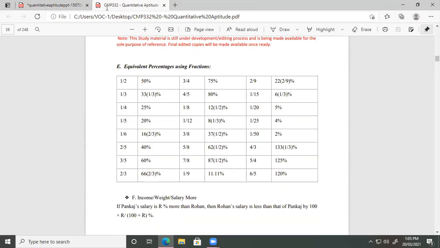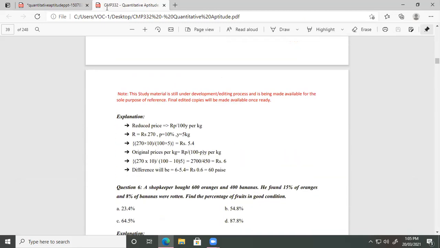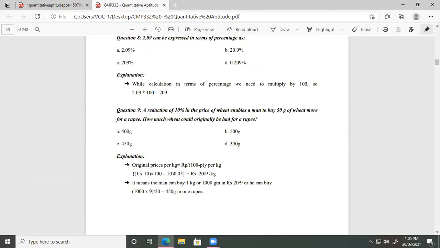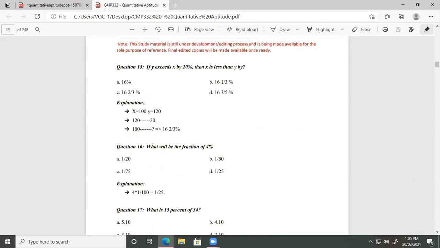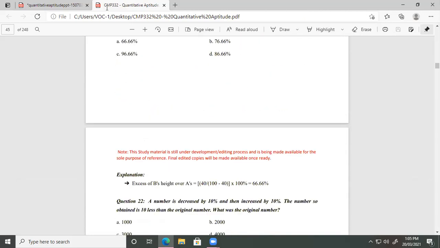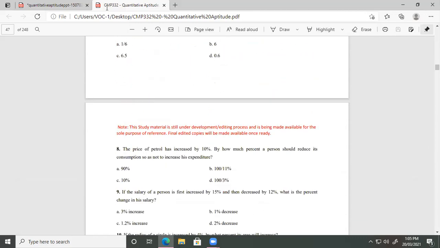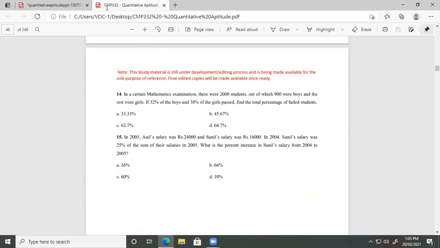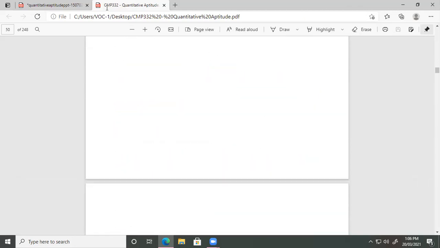Okay. So in simplification, first we have to solve the bracket, then of, then division, then multiplication, then addition and subtraction. And if a bar is there, then first we have to solve the bar and then follow the BODMAS rule.